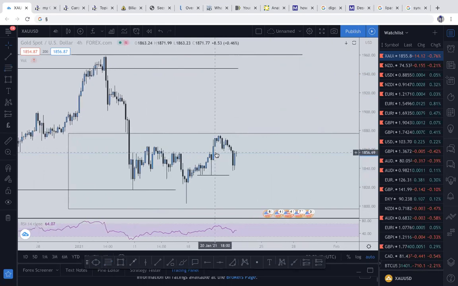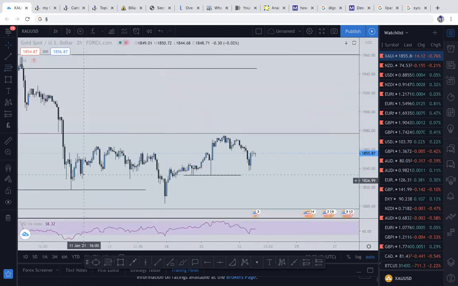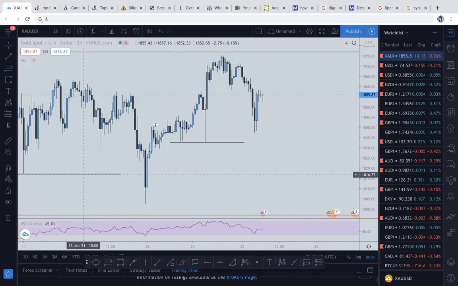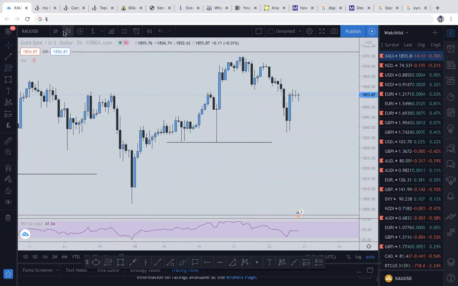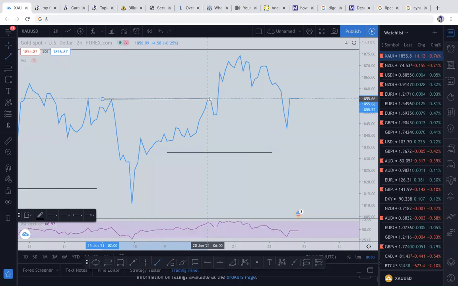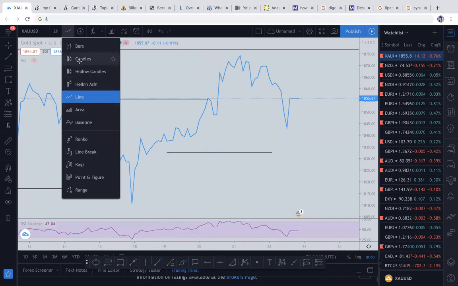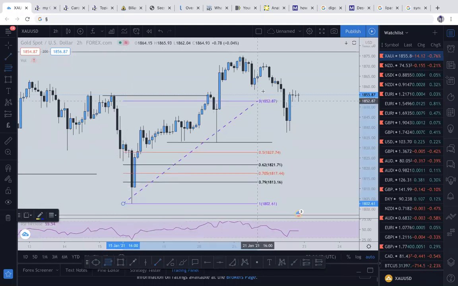Who knows? However, my focus is just the liquidity that has been taken here where I could get in a trade. So I'm going to go on a smaller time frame and see if I have missed a trade or I'm still in a trade. Actually, in this case, look at that. We broke the structure there. That was the break of structure right there. And look at that, so I can fib from here to there.